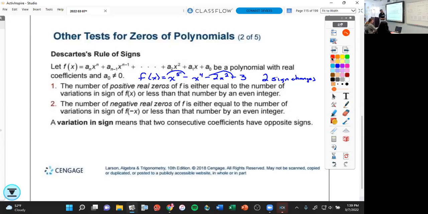What happens here is if I was using the same function, I'm going to take f of x, but I'm going to change it to f of negative x. Okay? So that means I'm going to have negative x to the 5th minus negative x to the fourth minus 2 times negative x squared plus 3.